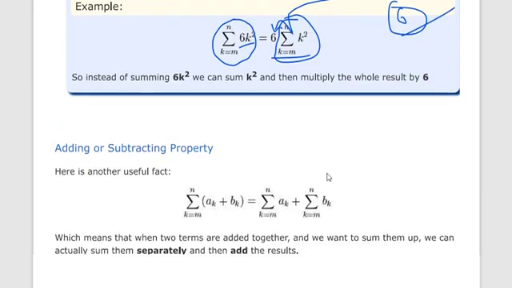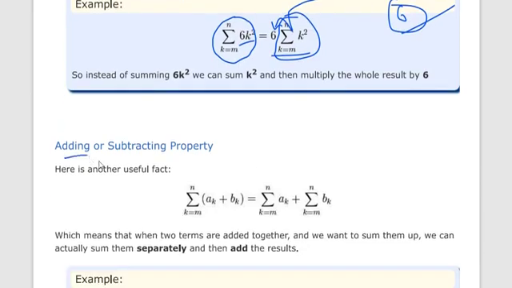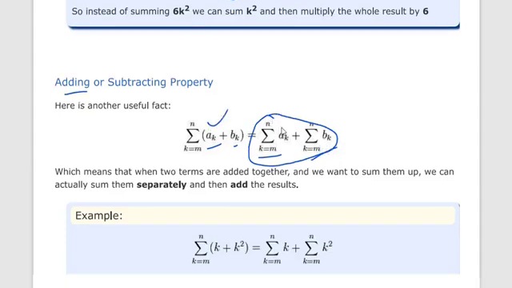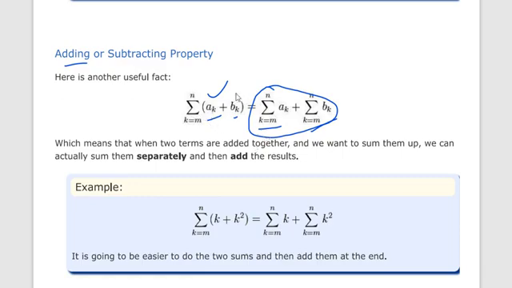There are also the addition and subtraction properties. If it is a bracket with addition, we can split the sigma over the bracket, and the answer is the same. It is also true for subtraction.